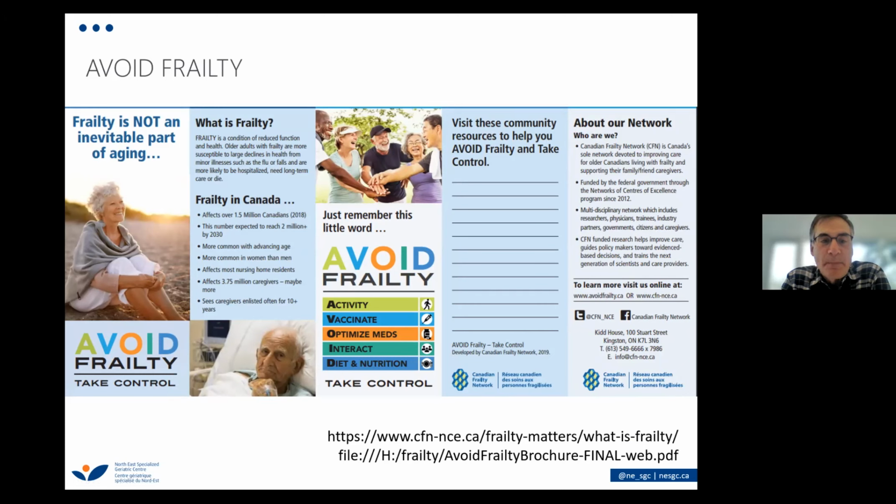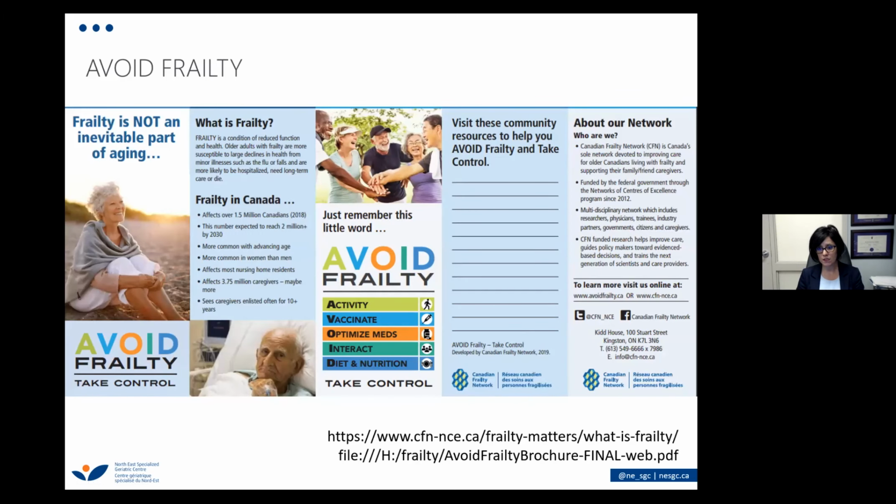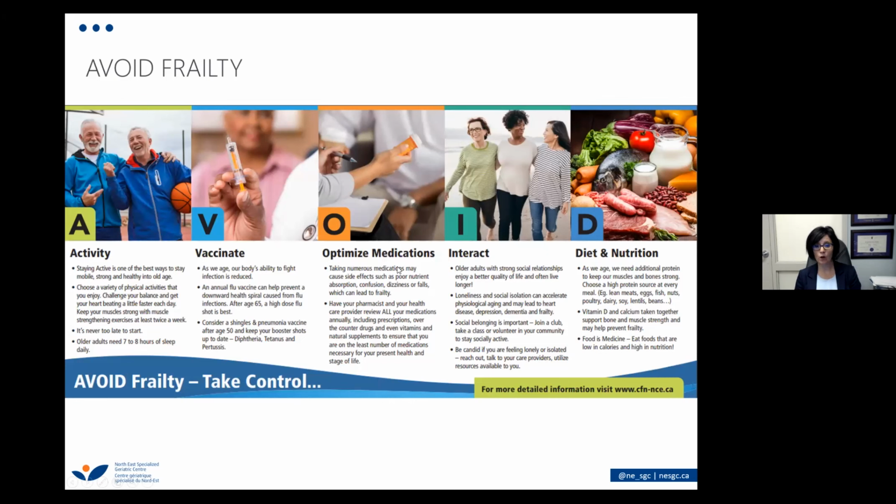What is this one? So this is from the Canadian Frailty Network. It is lovely as well, because I find this one more patient oriented, or at least accessible, I would say. I think it's great for clinicians. I learned things on it. It has nice little acronyms like how to avoid frailty. And then of course, A is activity, V is vaccinate. So this is a lovely brochure that you can use, but on it as well are resources.